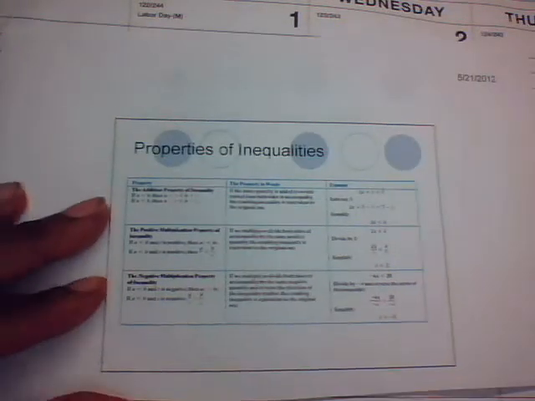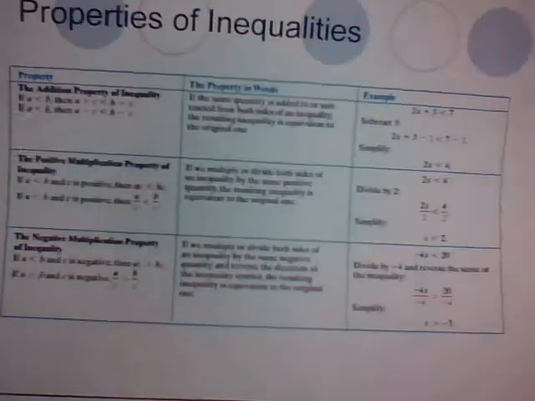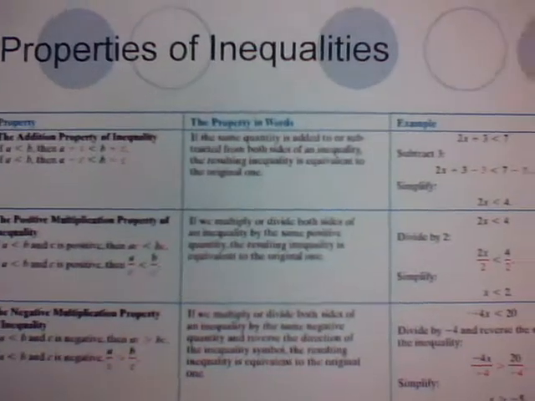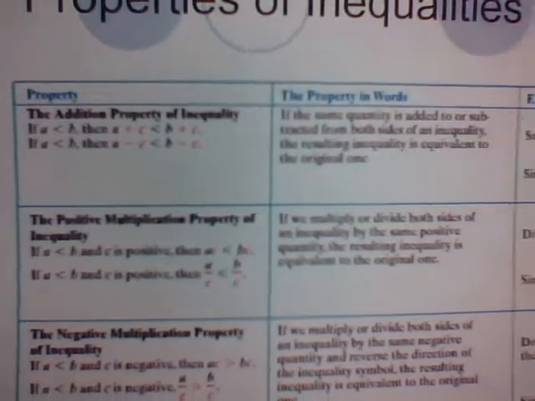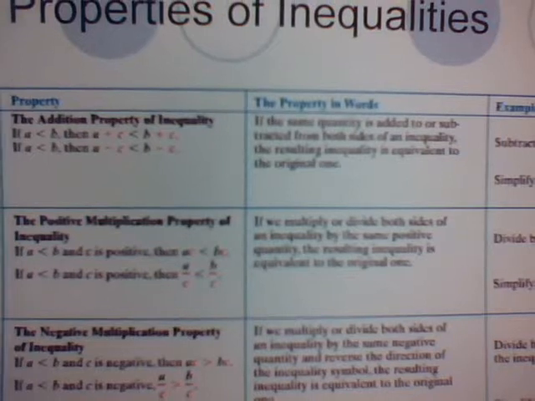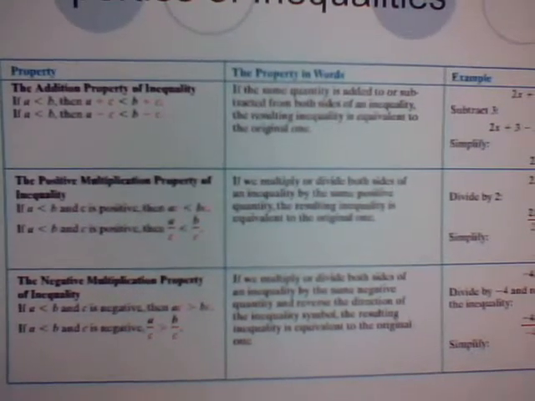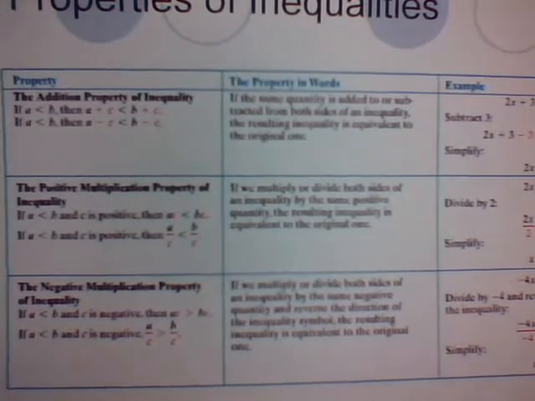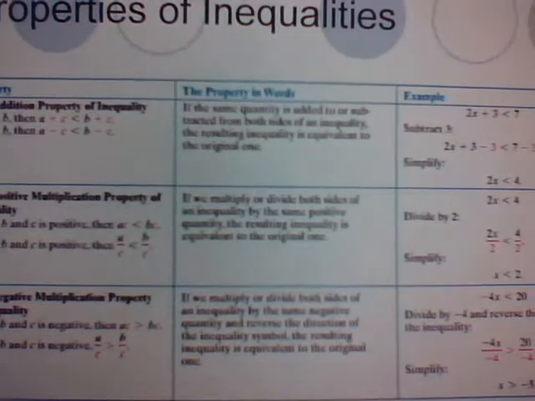And on this next sheet are the properties of inequalities. There are three types. One of them is the addition property, which is quite easy because if you add or subtract the same number on both sides of an inequality, that symbol stays the same. And when you're multiplying or dividing by a positive number, that inequality stays the same.